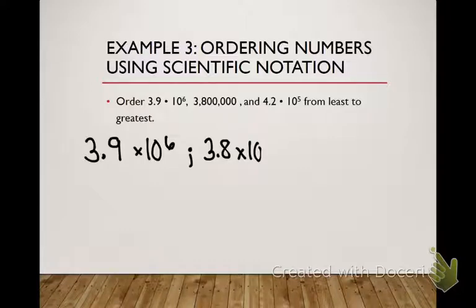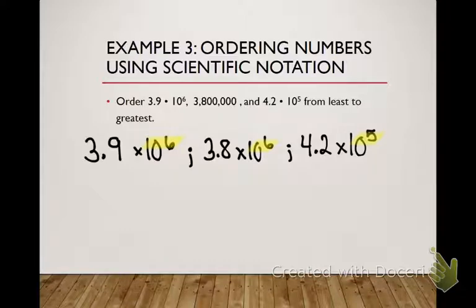Okay, so we're starting to get it. It is the 6th power. I go 6 places. All right, 10 to the 6th. And 4.2 times 10 to the 5th. All right, so my instructions say that I look at the exponent first to determine which one is the smallest value. If there's an exponent that's different, then that's my first go-to.